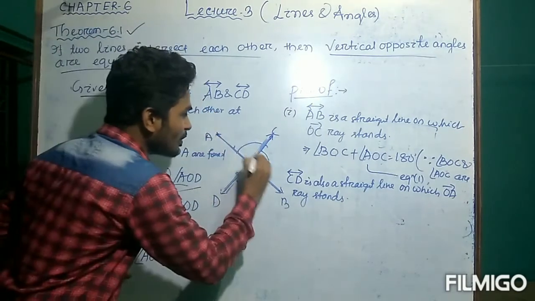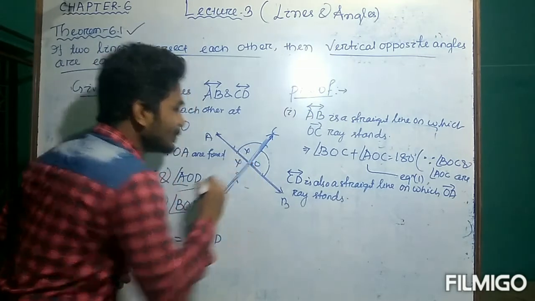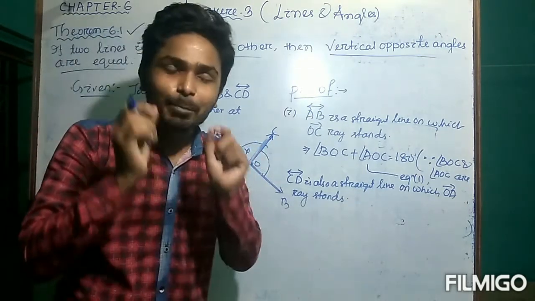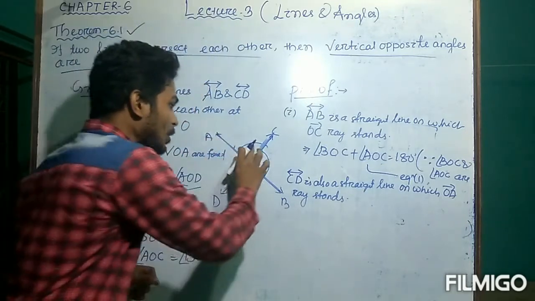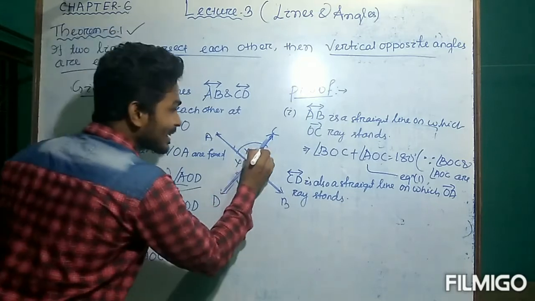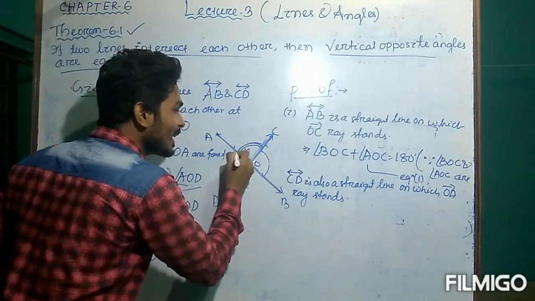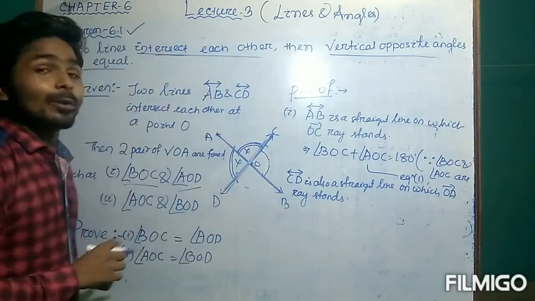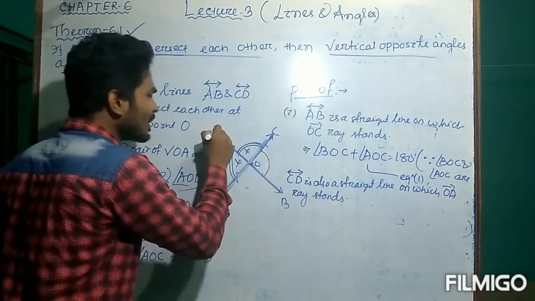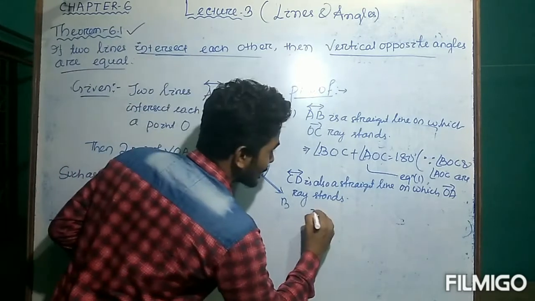So how many angles are formed? 1, 2. Two angles are formed. Now these two angles are known as linear pair angles, and you know the sum of the two linear pair angles is equal to 180 degrees. So you can write this angle plus this angle is equal to 180 degrees.